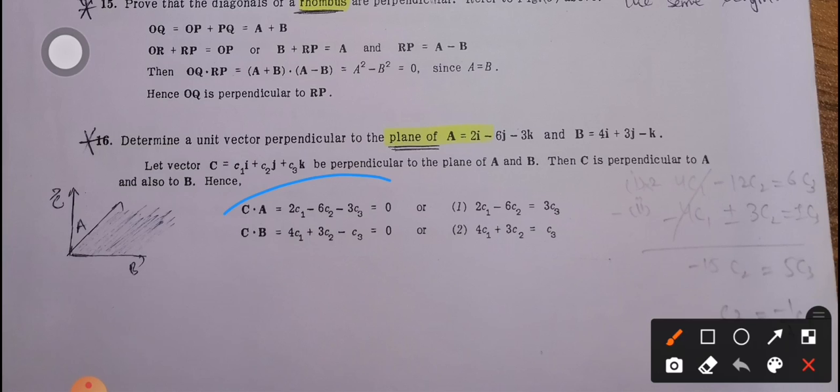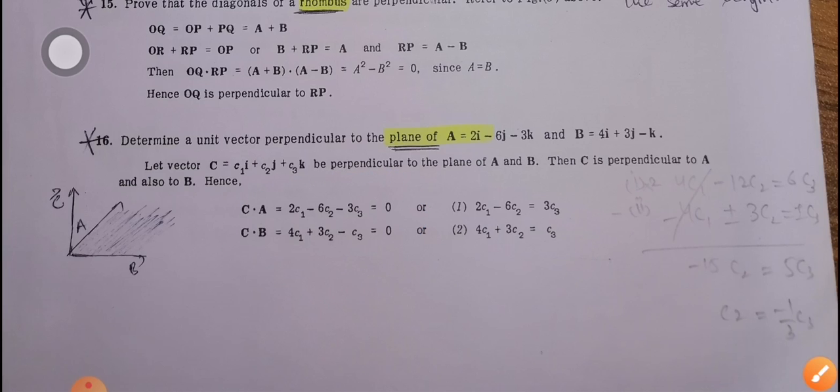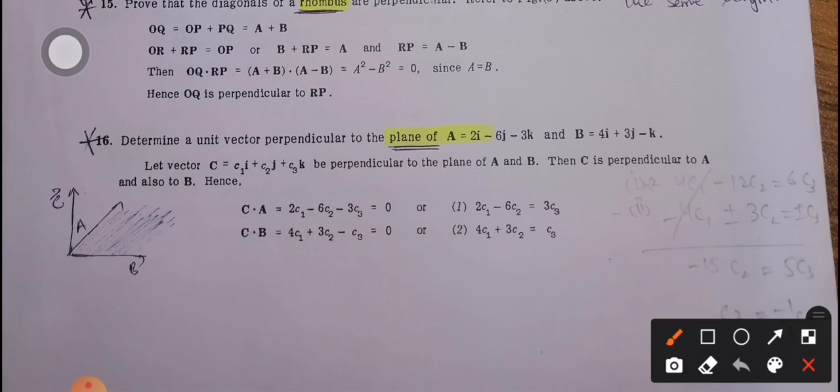Now we will solve these two equations. We are not able to find C1, C2, C3 separately because we have two equations and three unknowns. So we have to determine the variables in terms of parametric equations, or the parametric form. So at first, here is the value of 3 times C3. We can eliminate C1 easily. So here you can see that C2 is equal to minus 1 by 3 into C3.